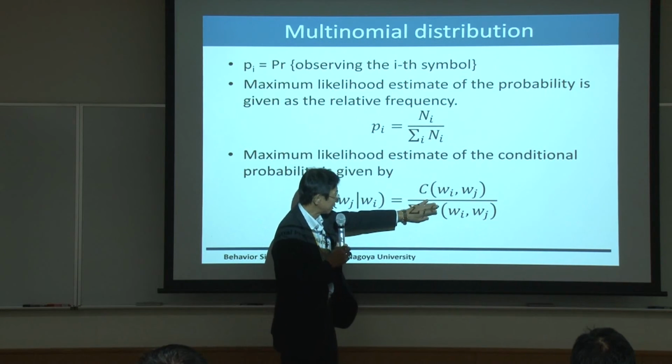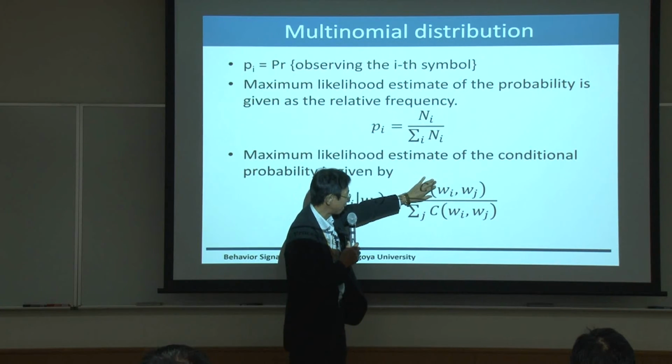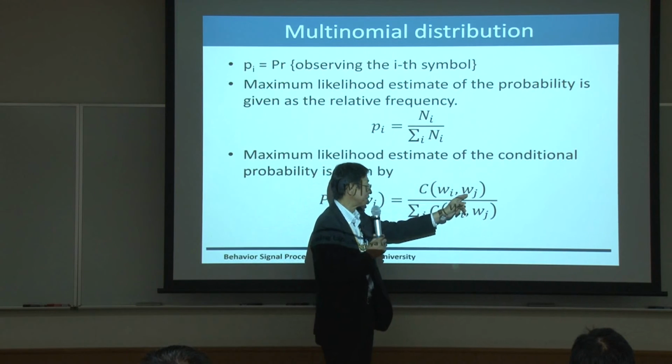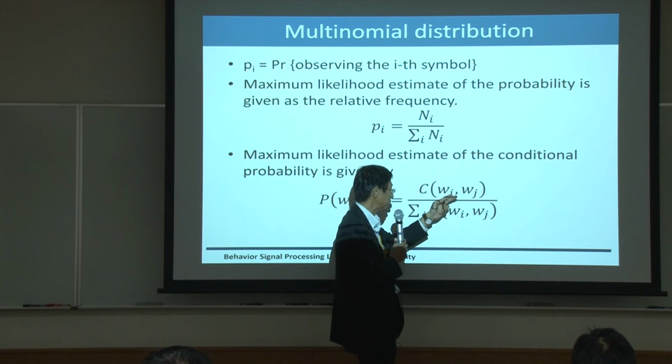And out of that, 100 D's are followed by the word map.